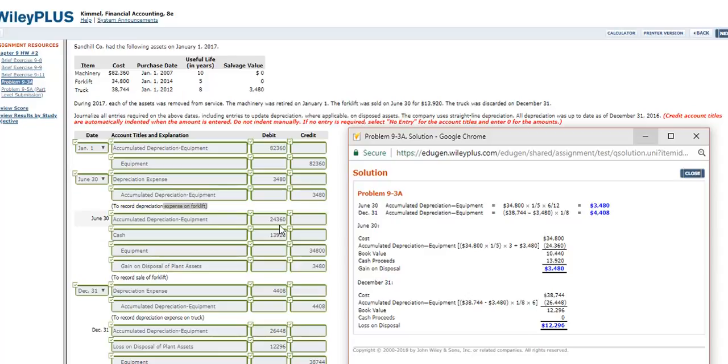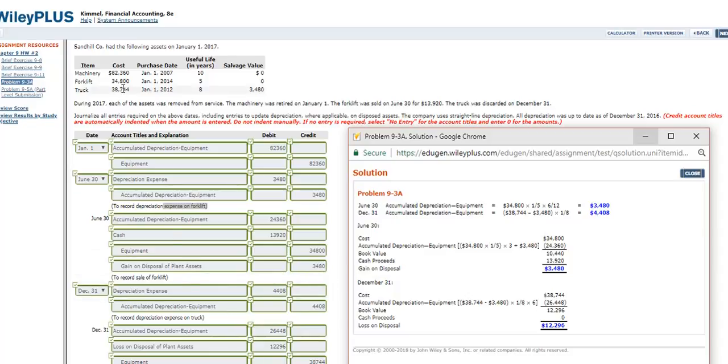That will give us 38,200 and 280. Then we will subtract the purchase price. When we subtract that, that will give us the result of 3,480. So far, we are in the half of this problem.